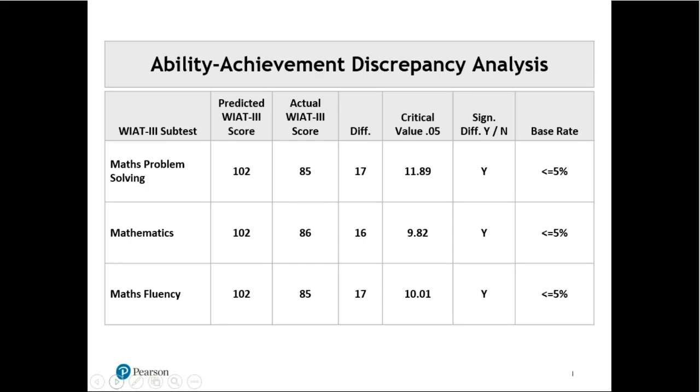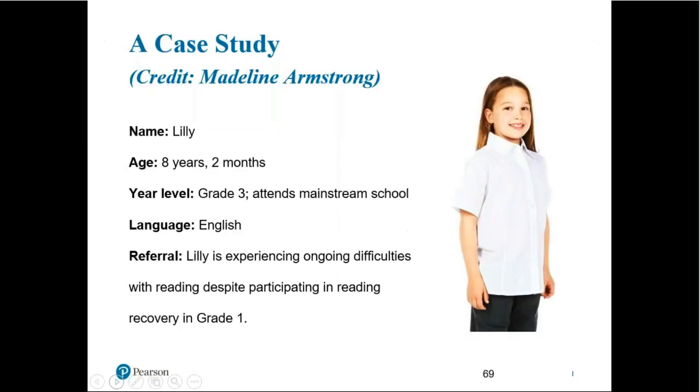So if we're looking at children who are in the high average or gifted range, then of course we would have reason to believe that perhaps their achievement scores would be a lot higher due to things like effort, other compensatory strategies, etc. But in this instance where we have average scores, we probably wouldn't be looking at a diagnosis just at looking at the numbers alone.